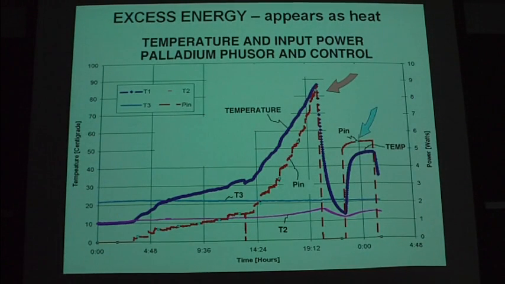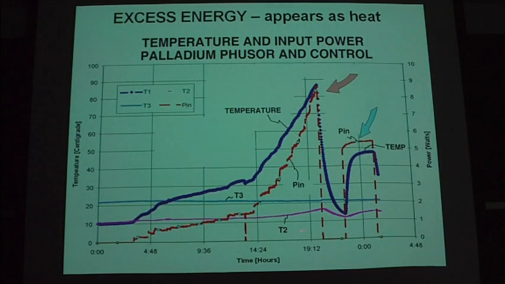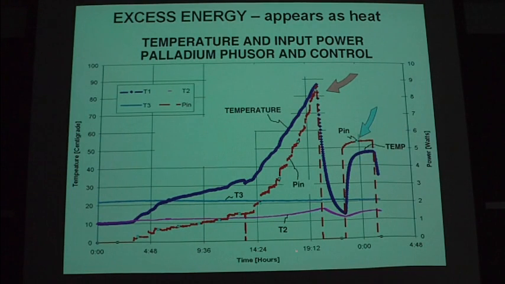This is a cold fusion PHUSOR, just looking at temperature as a function of time. This is hours, so that's pretty bad, but this is over about 2 days. What we're looking at here is a water control, T3, and the red line is our power in.